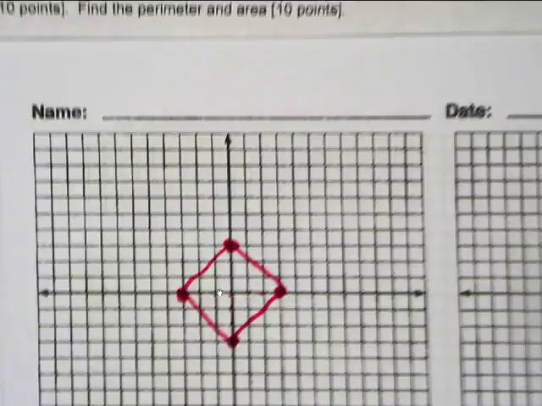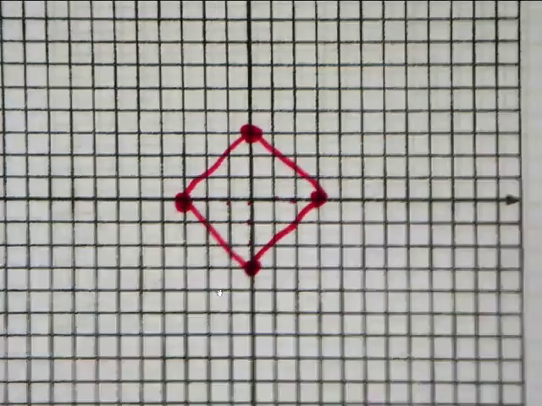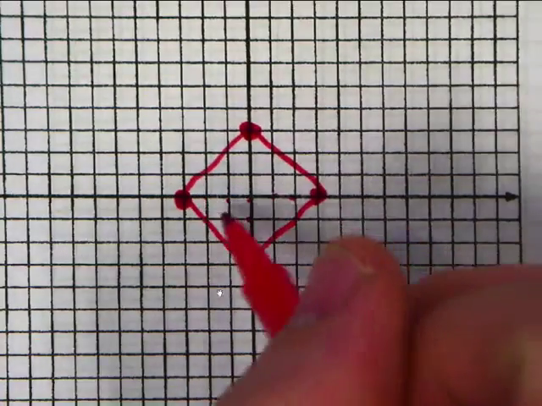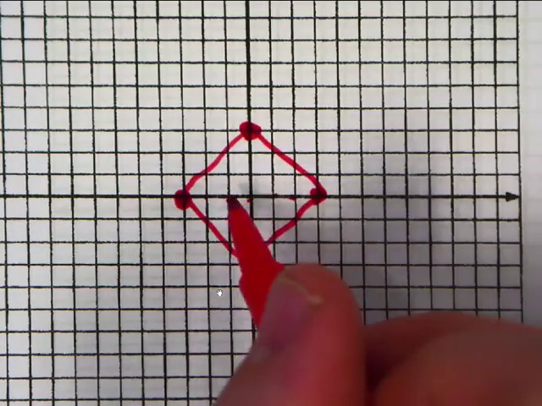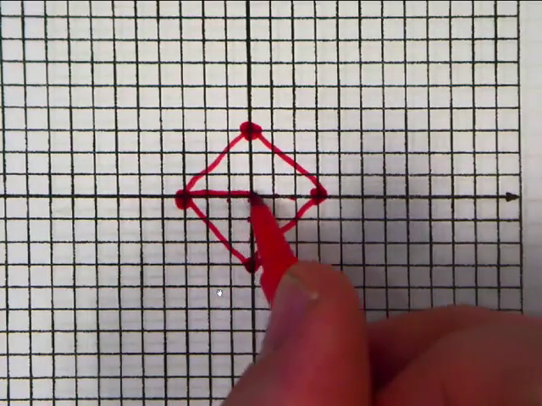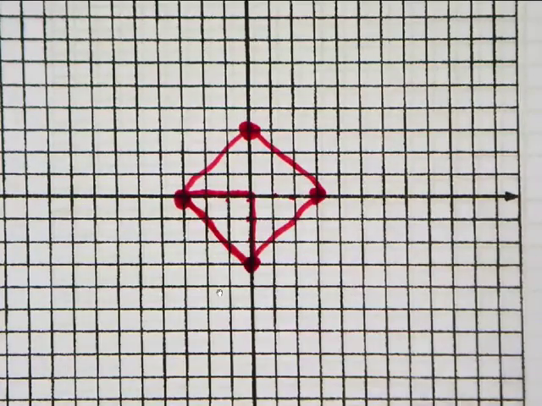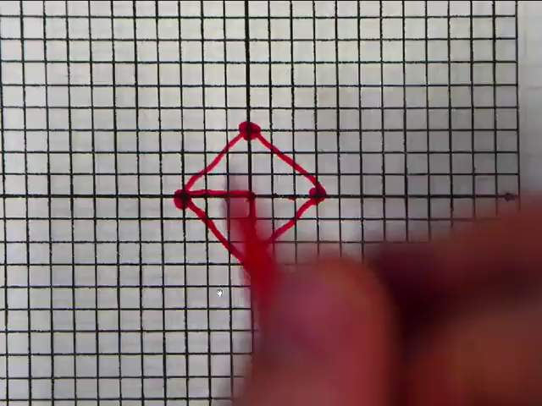Now, how do we find the perimeter? In order to find the perimeter, we have to find the length of each side, and that can be done on a grid like this. If we look carefully, we can see a right triangle, and with that right triangle we can use the Pythagorean theorem.